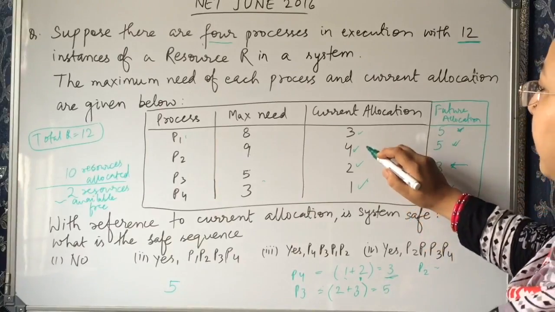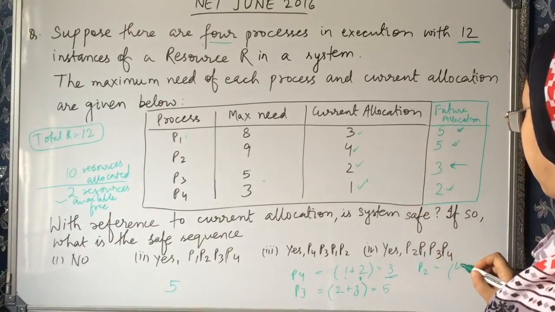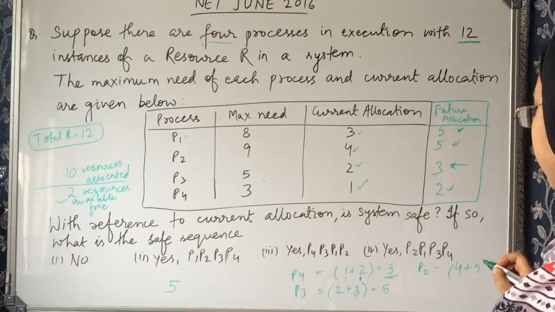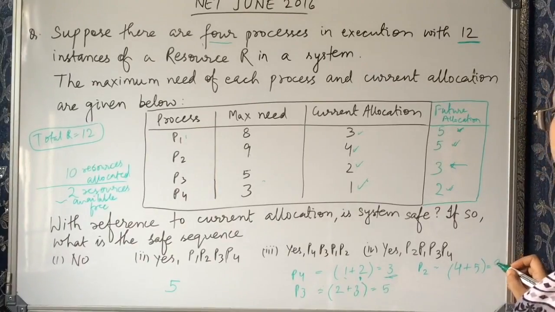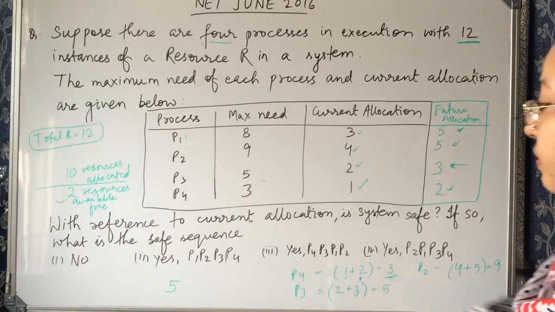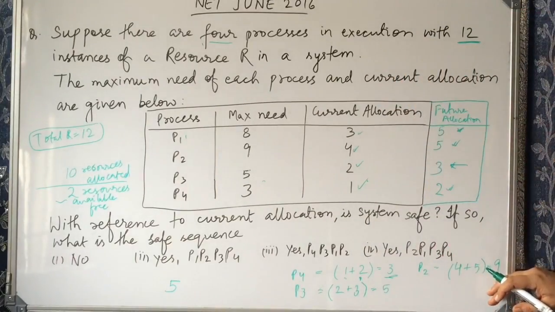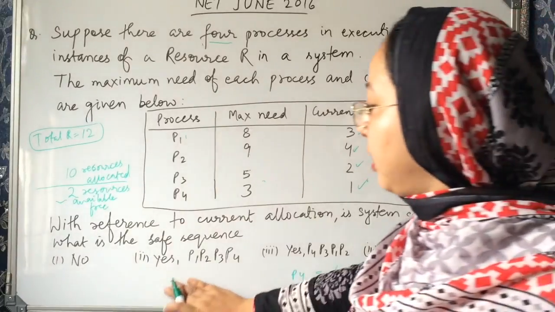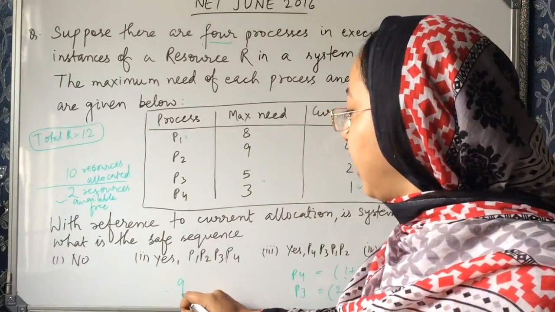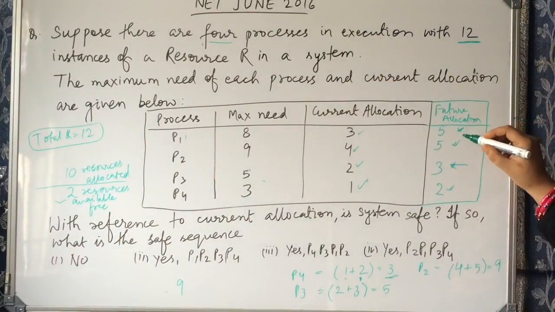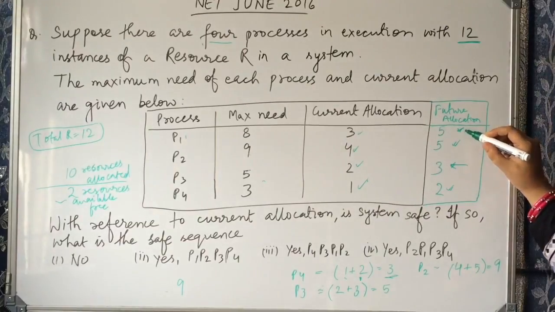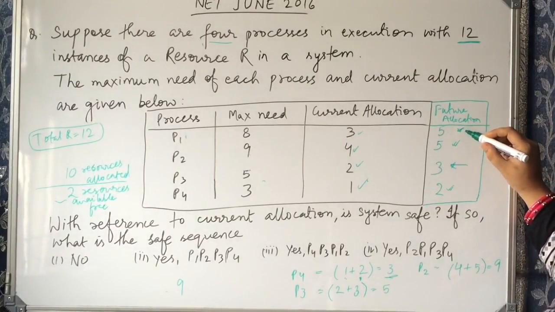P2 has already been allocated 4 resources, and we allocate 5 more, so it will become a total of 9. After executing, P2 will release these 9 resources, so our available resources will become 9.